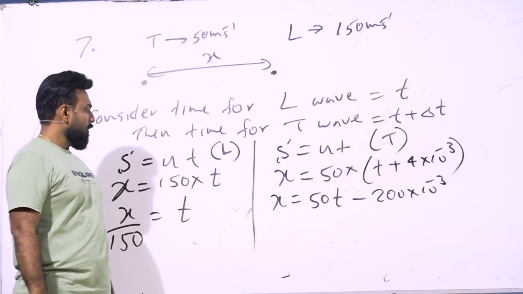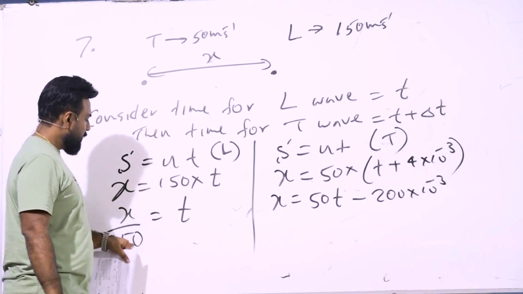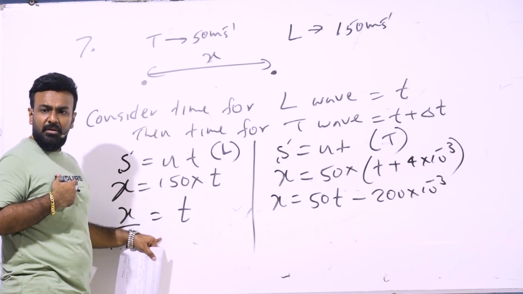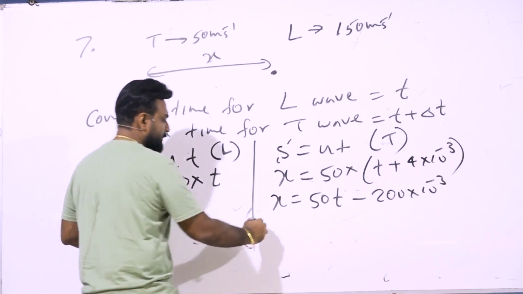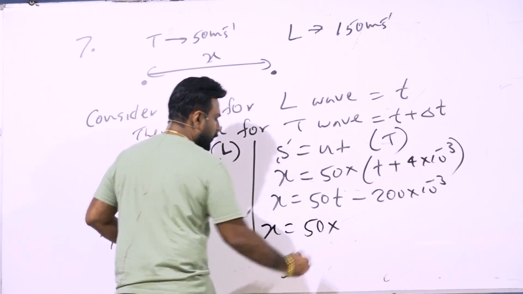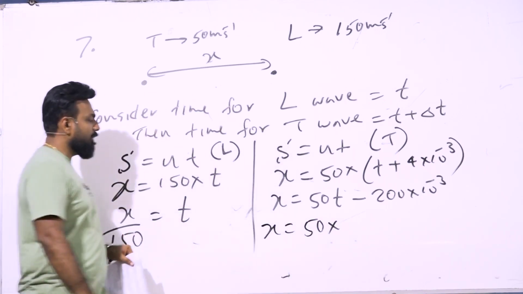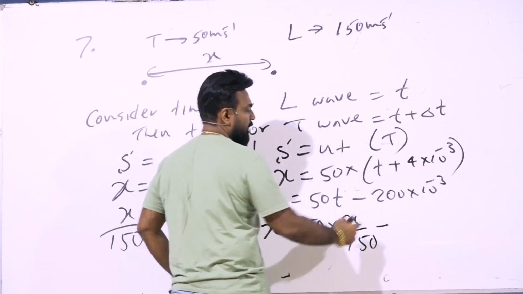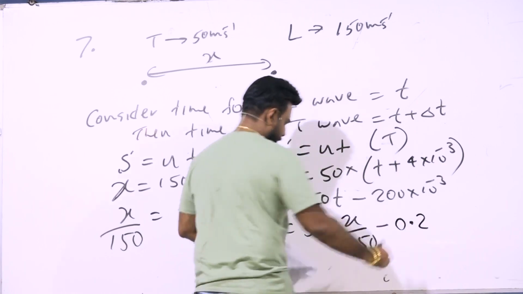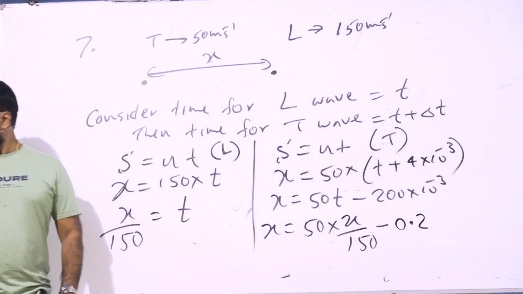Now what is my question? What I am asking is the x value. So x equal 50 into t. What is t? x over 150, plus 0.2.